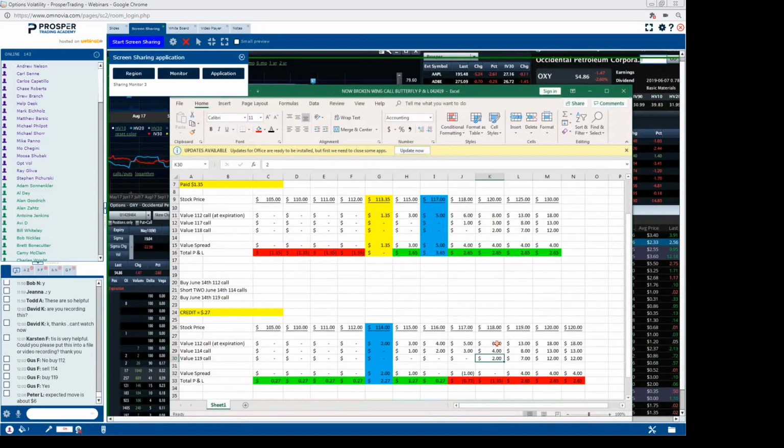Whoops. $119, which is right at the last long strike.